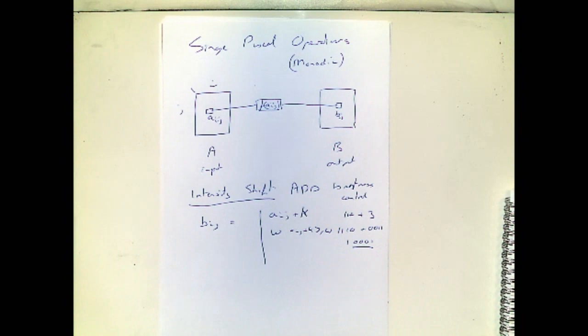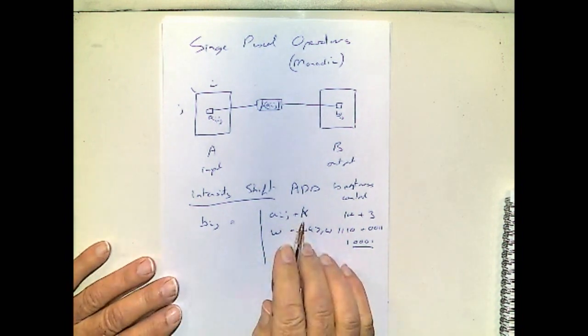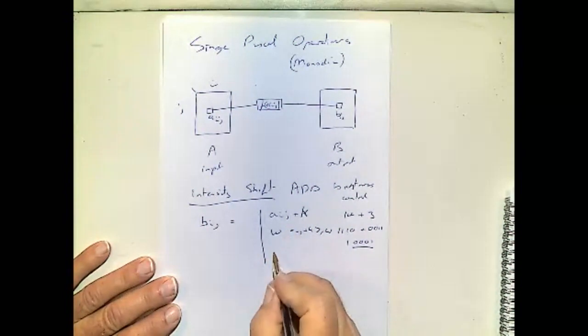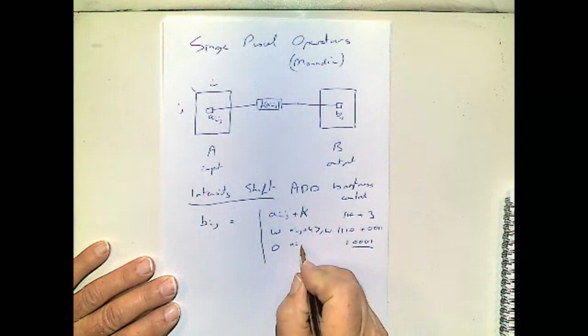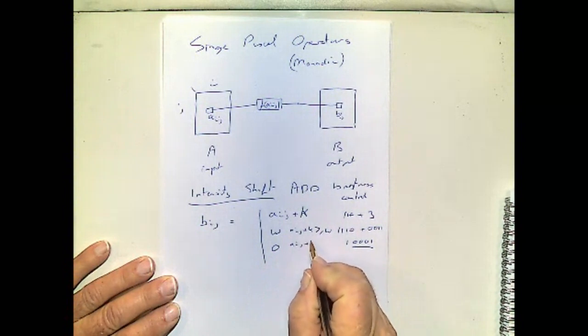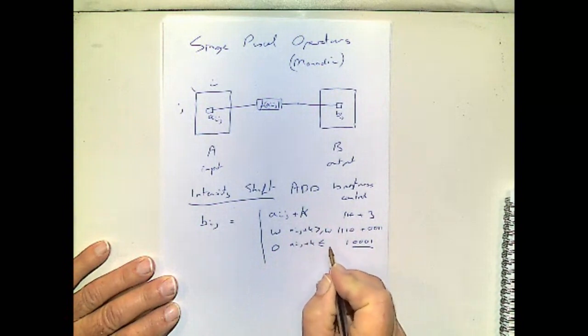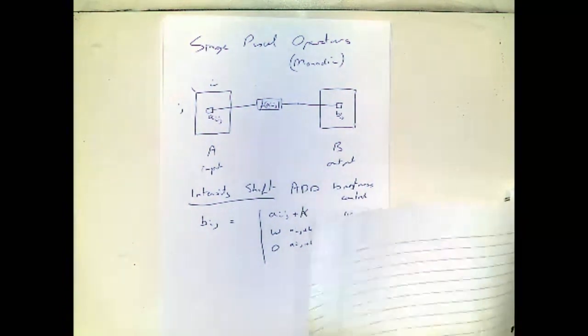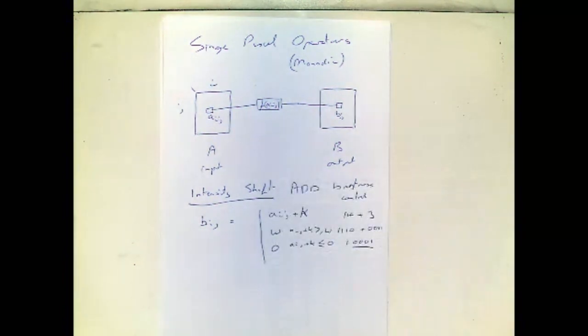So if the constant is negative, it takes the updated pixel to a negative value, it becomes 0, which is black. And that is for Aij plus K is less than or equal to 0. So we're actually clamping it within the top and bottom range after the shift. Right, that's intensity shift.